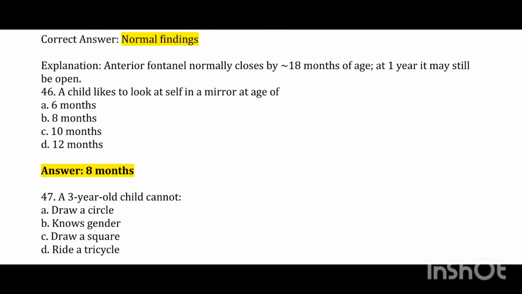Then coming to question number 47. A 3-year-old child cannot draw a circle, knows gender, draw a square, ride a tricycle. You have to find out which of the following cannot be done by a 3-year-old child. Any guess?